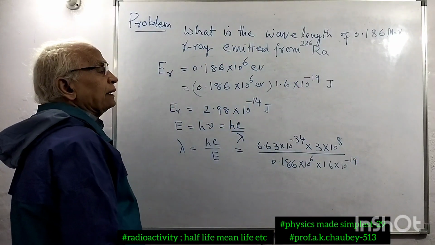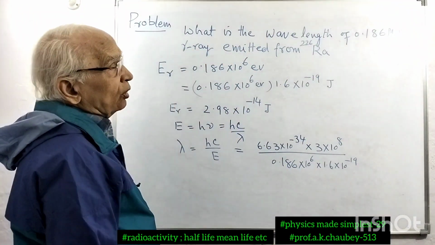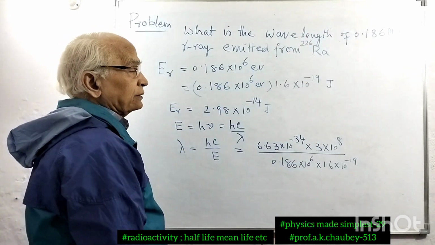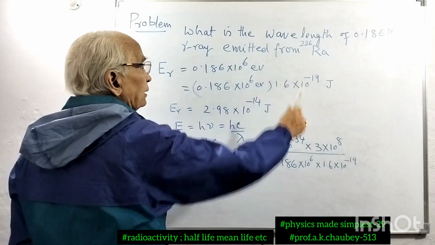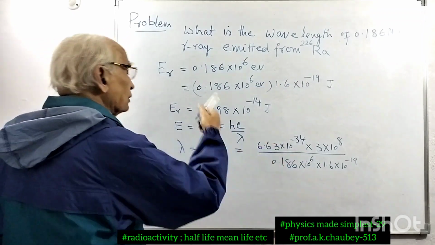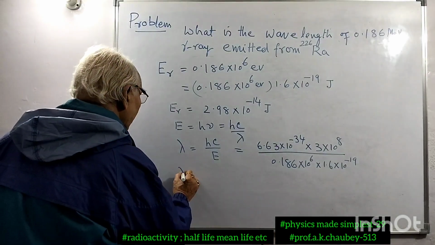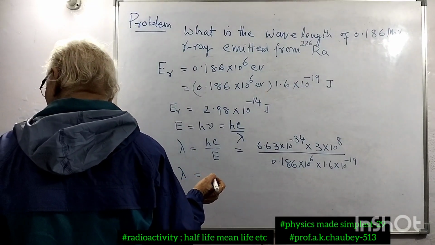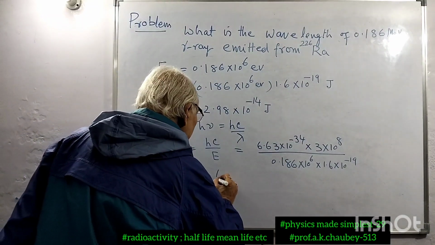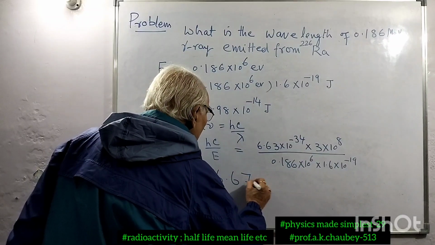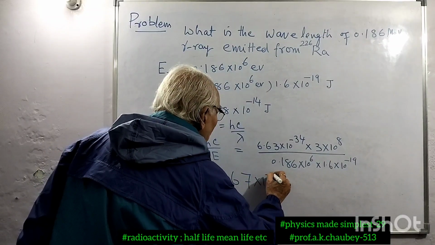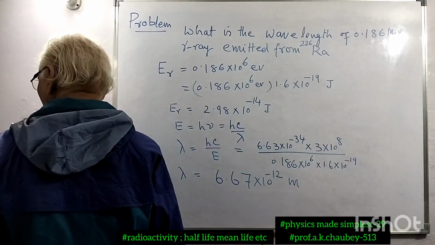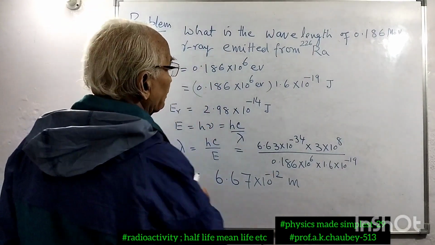So this gives an idea to you of the wavelength of gamma ray of this energy, 0.186 MeV, emitted from radium-226. You calculate this number, lambda you will find out. The wavelength lambda, when you calculate, is 6.67 into 10 to the power minus 12 meter. So this is the order of wavelength.